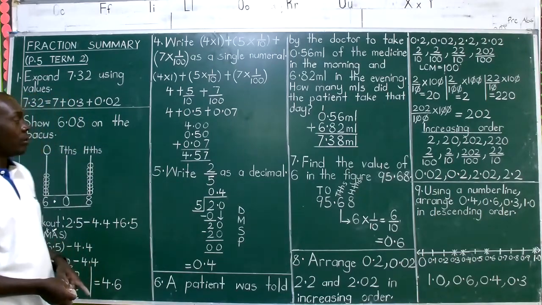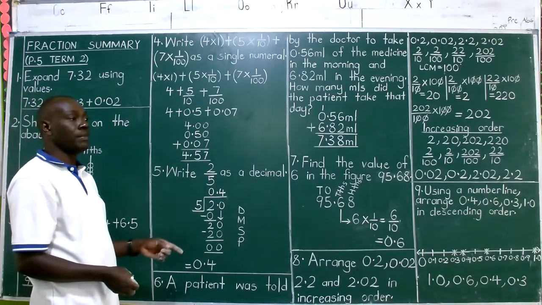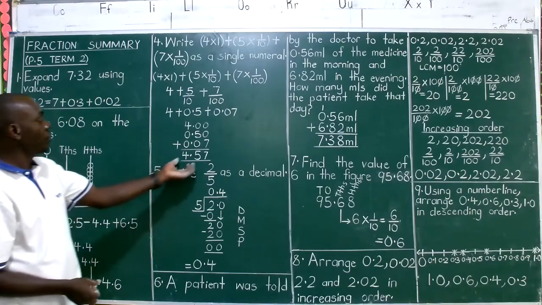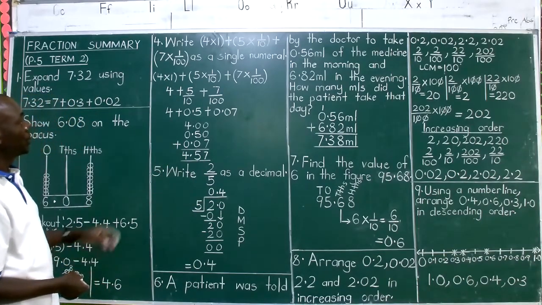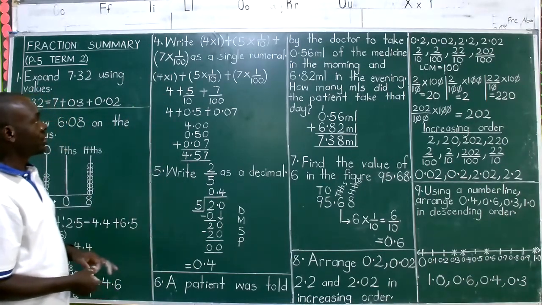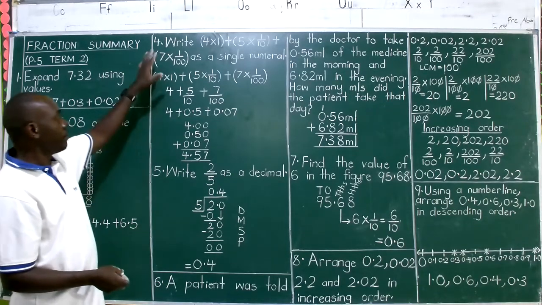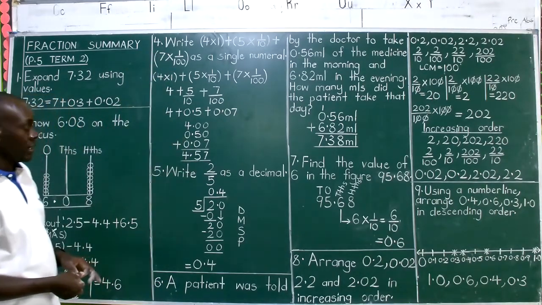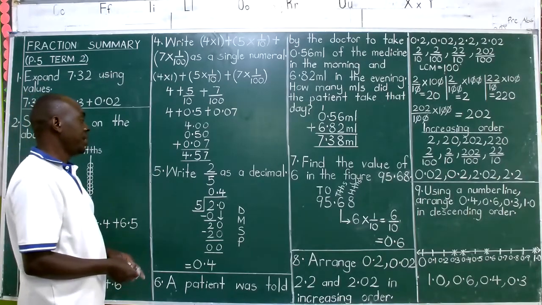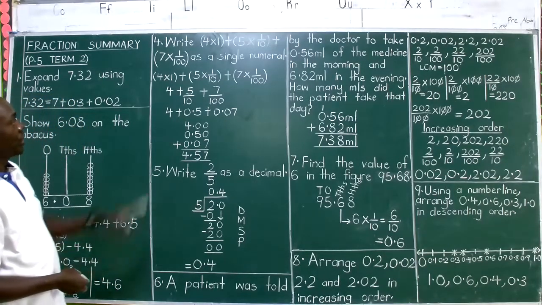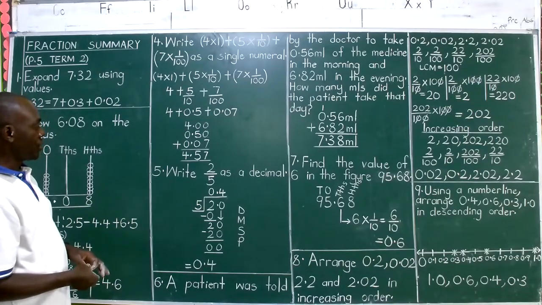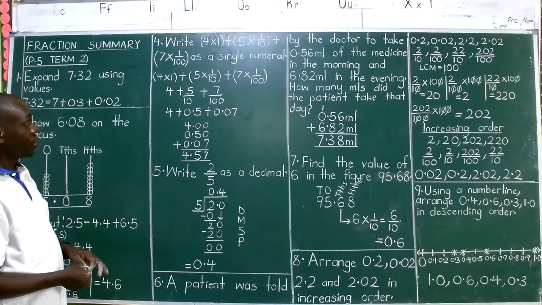You say therefore 4.57 has been expanded. This is a single numeral that has been given rise to by this expanded number using place values. So 4.57 has been expanded to give that whole lot. So that's how we answer that question.